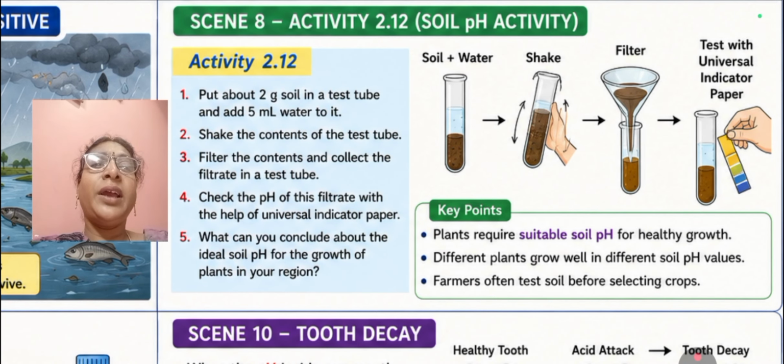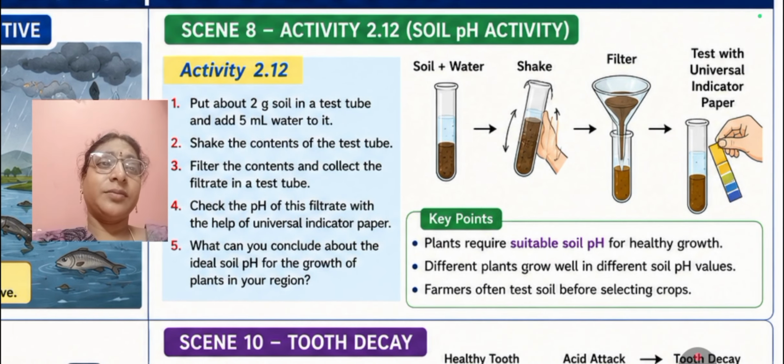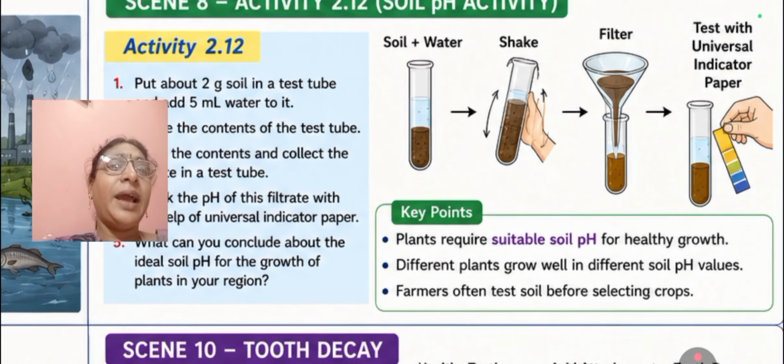Check the pH of this filtrate with the help of universal indicator paper. What can you conclude about the ideal soil pH for the growth of plants in your region?